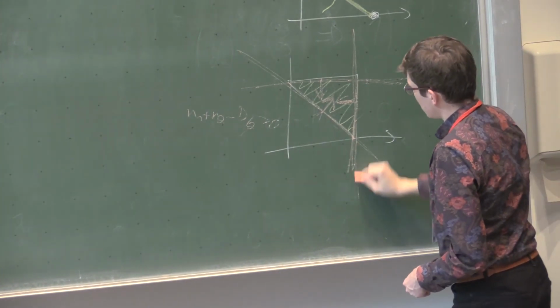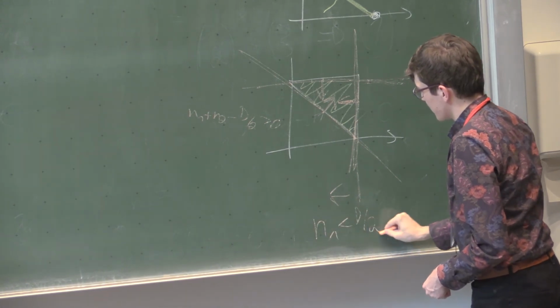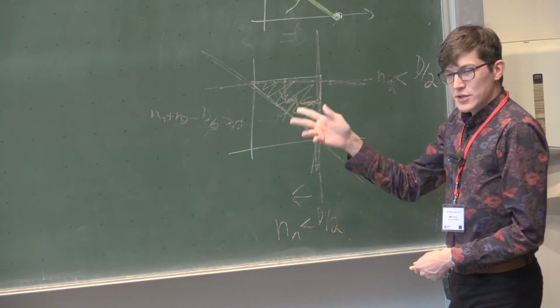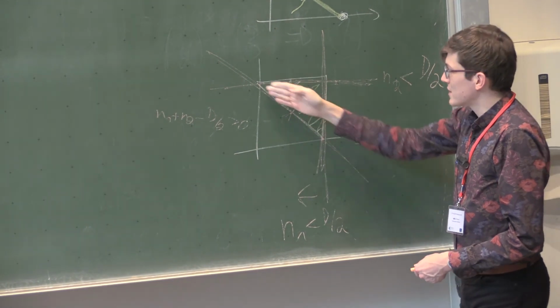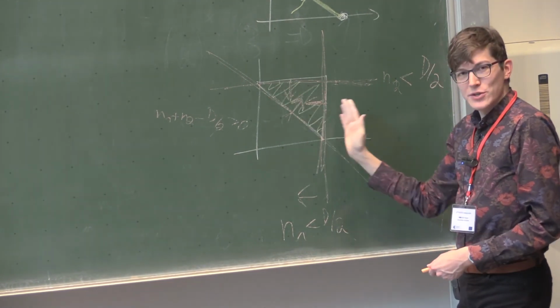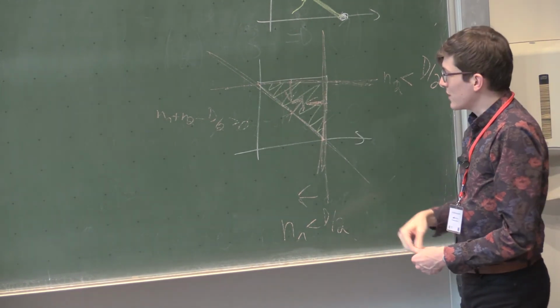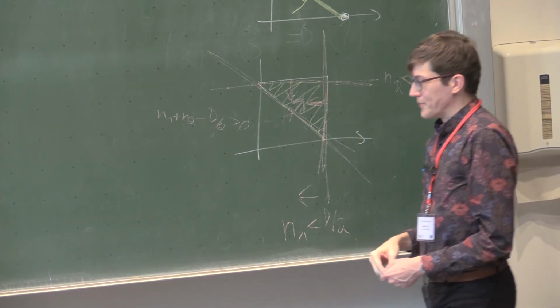And this is the line here where n1 is smaller than d over 2. So we see from this picture that these initial two constraints, where n1 was bigger than 0 and n2 was bigger than 0, are true. I mean, the triangle is contained in the positive orthant, in the first quadrant. But we don't have to check these. It's already implied if we only check these three constraints.